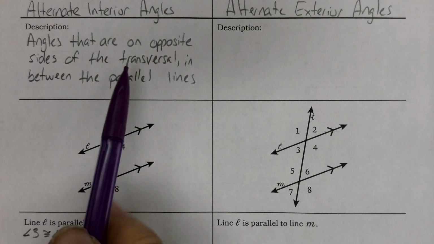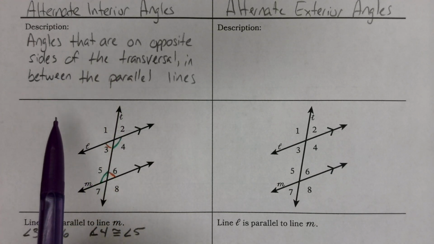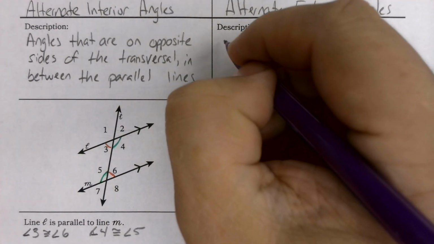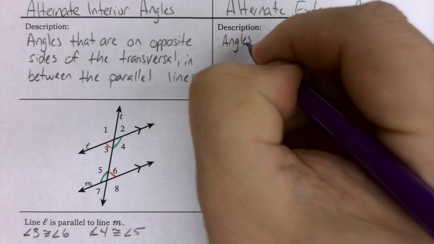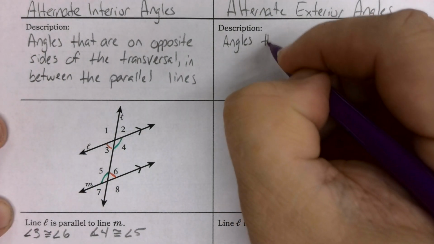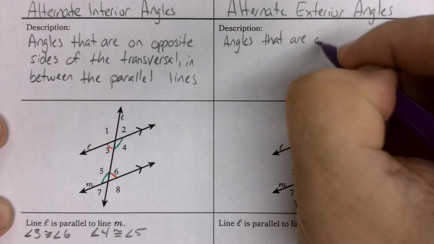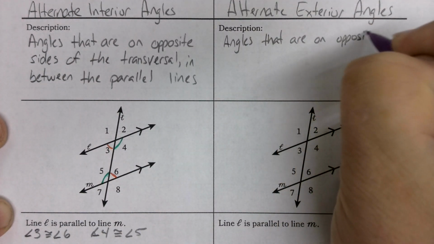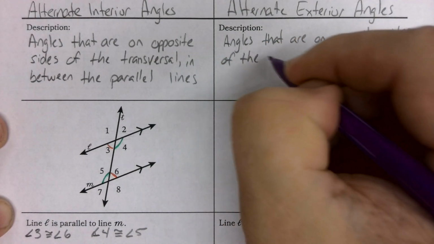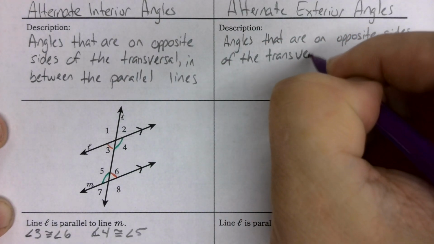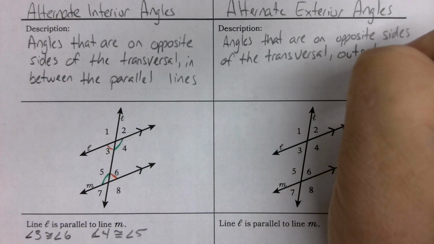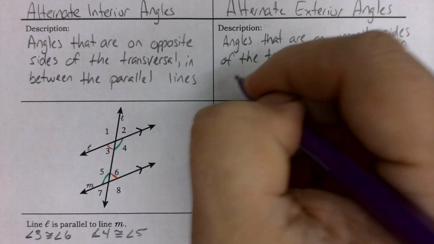Okay. Well, alternate interior angles are angles on opposite sides inside the parallel lines. Alternate exterior angles are going to be angles, it's almost the exact same definition. There's only a little bit of a difference. Angles that are on opposite sides of the transversal outside of the parallel lines.